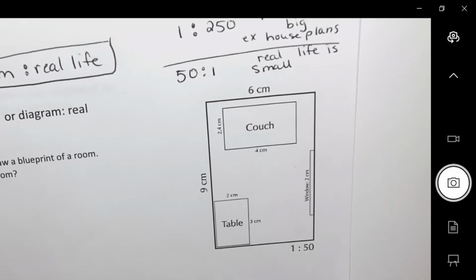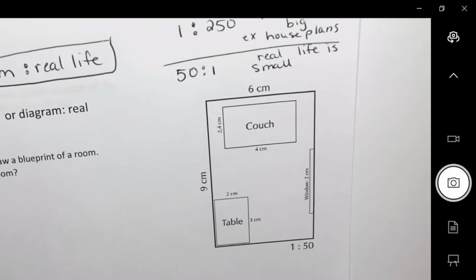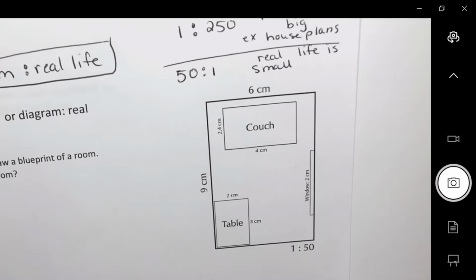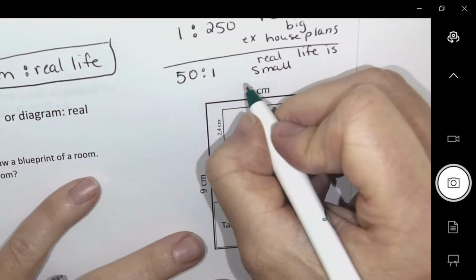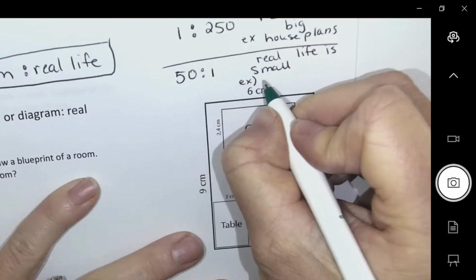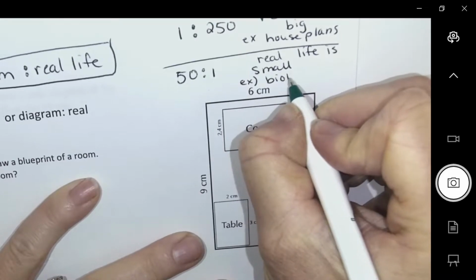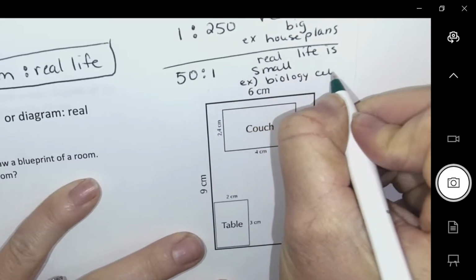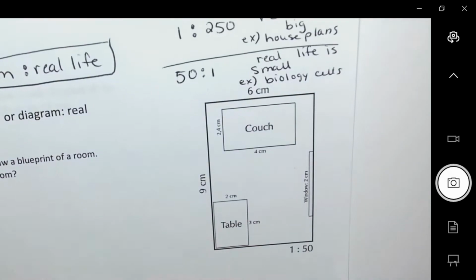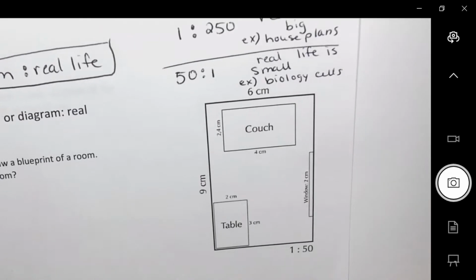What would be something in real life that'd be so small we'd actually want to draw it bigger for our paper? Biology cells. Right? People who are looking at science through a microscope, they're looking at something so small, and then when they're trying to draw it on a diagram, they'll enlarge it, right?